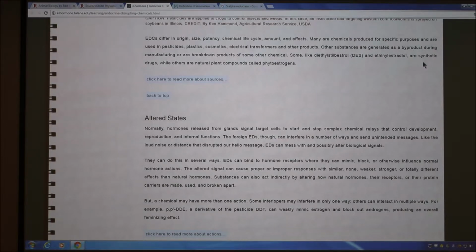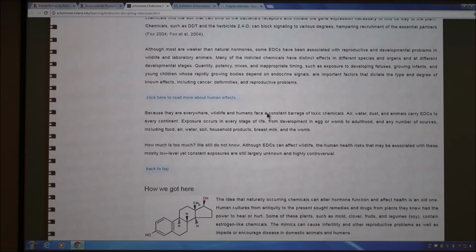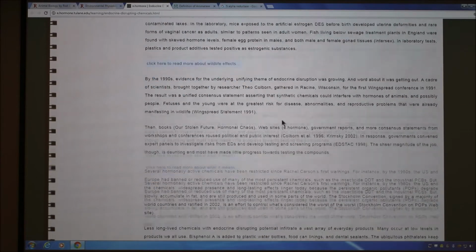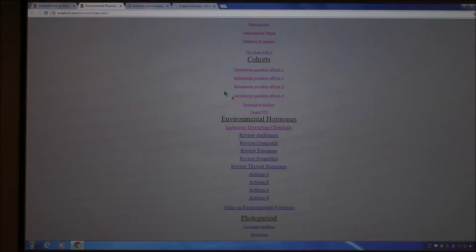That's a synthetic drug. There are the terms, right? Phytoestrogen, that's any compound that comes from a plant that has estrogenic activity. So then, this is more of an introduction, okay? And then there's the old steroid molecule. So that one's that. Pretty straightforward.